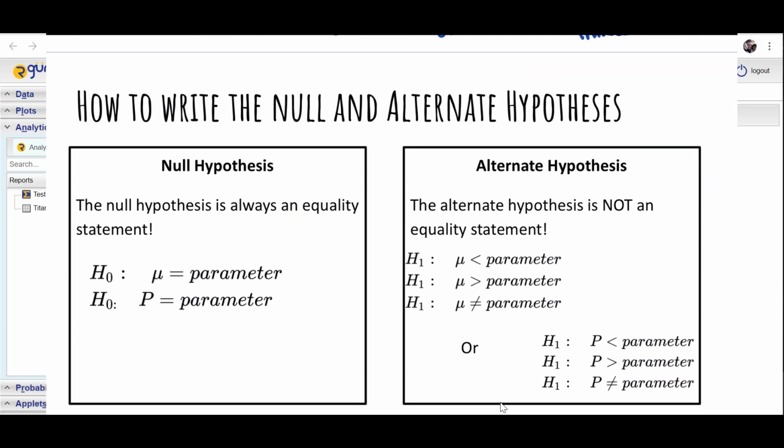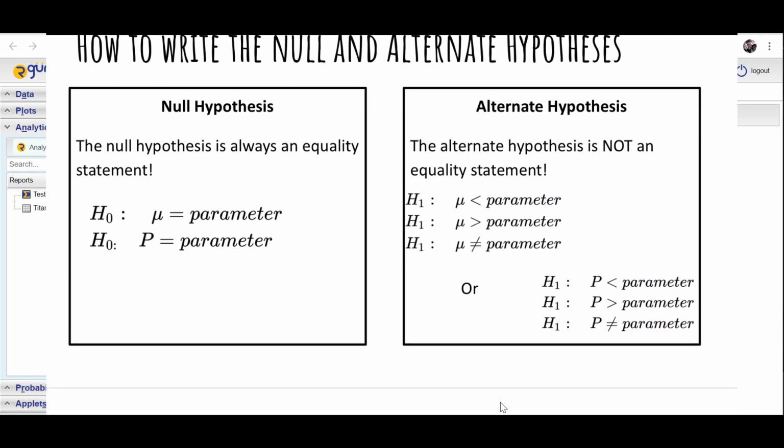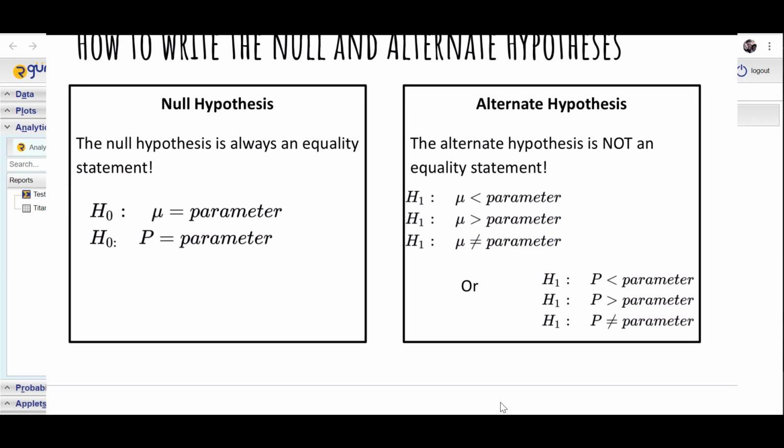Now, the null and the alternate statements, for these beginning tests, actually most of them, you're going to use mathematical symbolic statements. So let's start with the null. I told you guys that the null hypothesis is always an equality statement. So check this out.